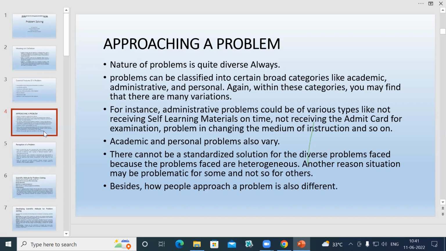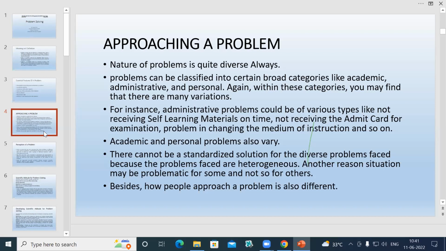For example, administrative problems could be of various types, like a student not getting the self-learning material on time, not receiving the admit card for the examination, or having a problem in changing the medium of instruction. Sometimes even we have this kind of problem, such as change of subject in our integrated programme, because we are handling BA, B.Ed and BSc here.